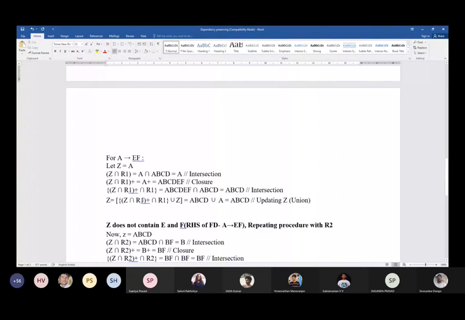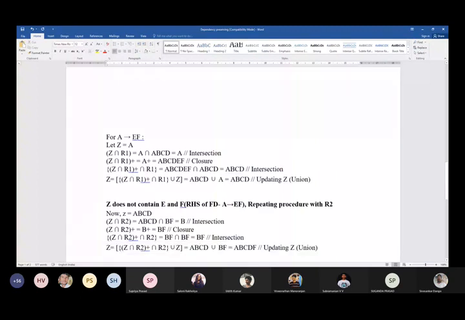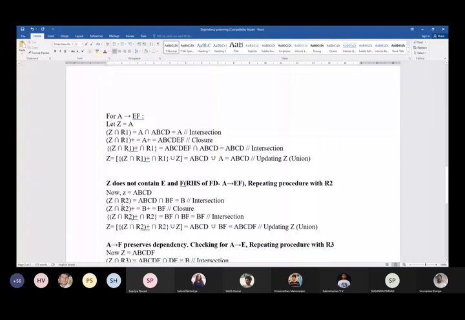You get A, B, C, D. So you are going to again update the value of Z. Now again, you are going to work with R2 relation. Z intersection R2, Z intersection R2 closure, Z intersection R2 closure intersection R2, Z intersection R2 closure intersection R2 union Z, right? You get A, B, C, D, F, right?